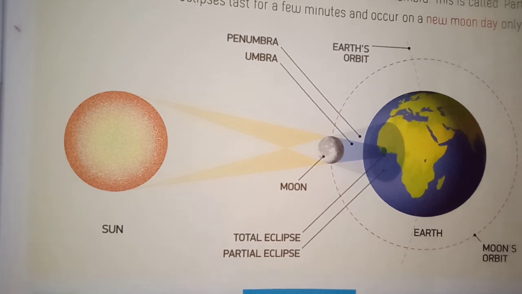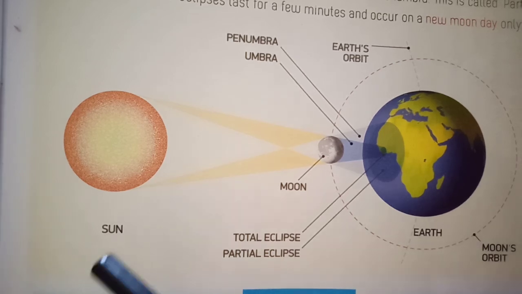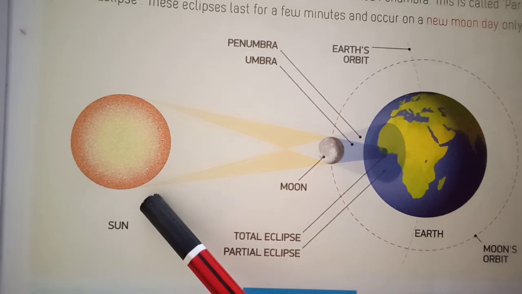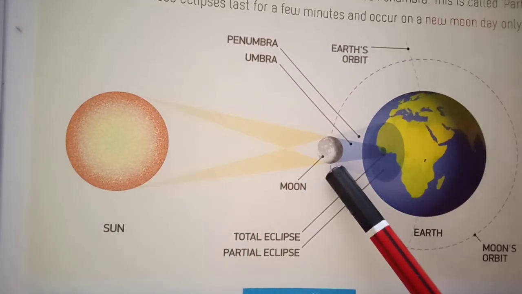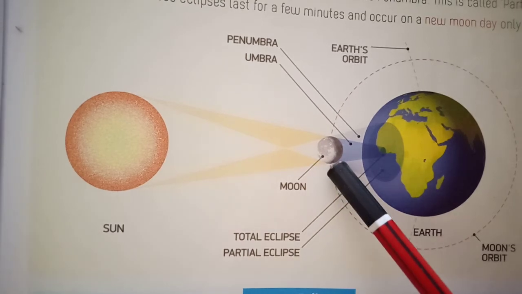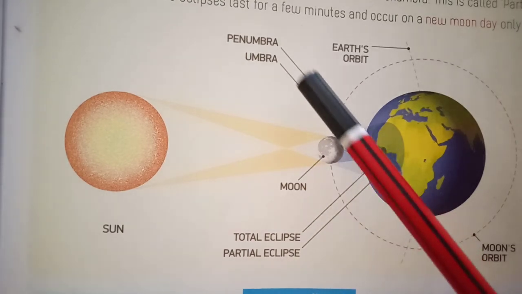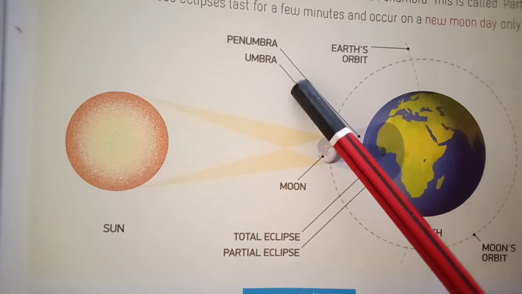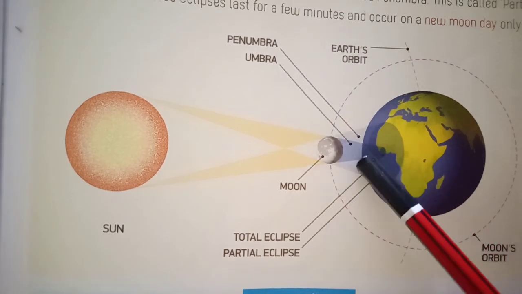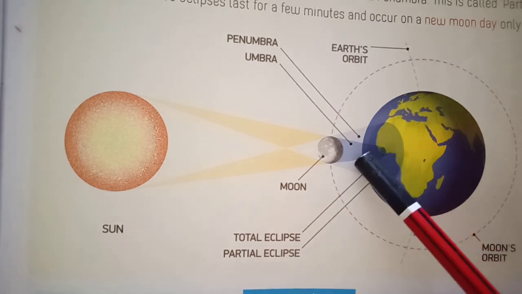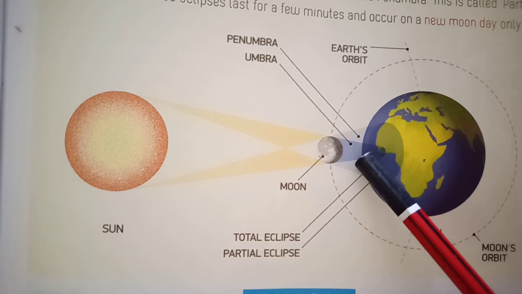Now solar eclipse. This is the sun who gives us heat and light. The moon obstructs the light rays and casts shadow called umbra and penumbra. The people in the umbra region are unable to see the sun totally for a few minutes, and it is called total solar eclipse.